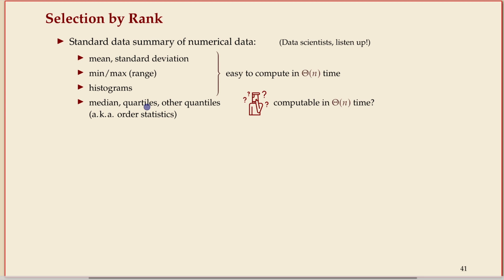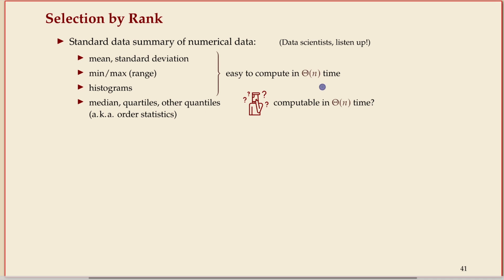Apart from the median, you can ask for other quantiles, for example, quartiles. The lower quartile would be a value such that a quarter of the elements are smaller and 3/4 are bigger. Then there are two other quartiles. The second quartile is the median, and for the third, 3/4 are below. And you can generalize this, of course.